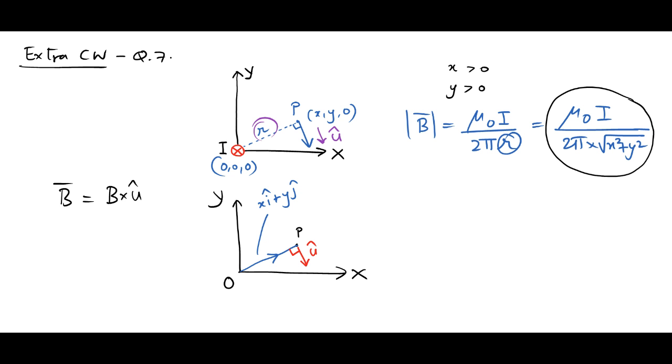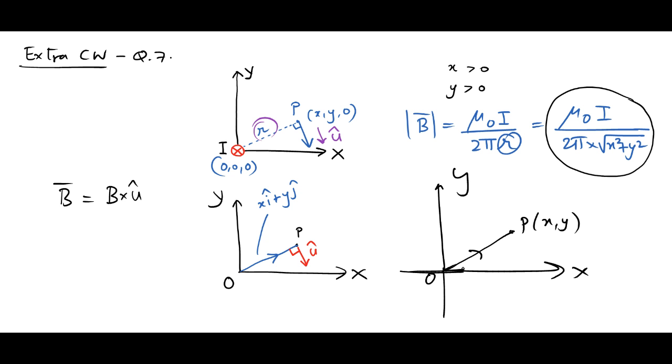So I'll draw yet another diagram where I have my x-axis and my y-axis, and I have my vector OP bar, the coordinates of P are x and y.